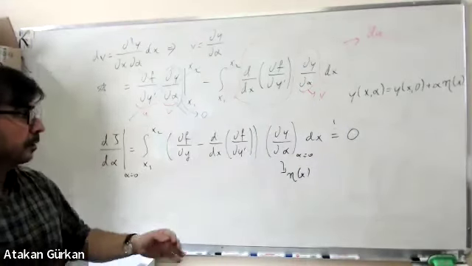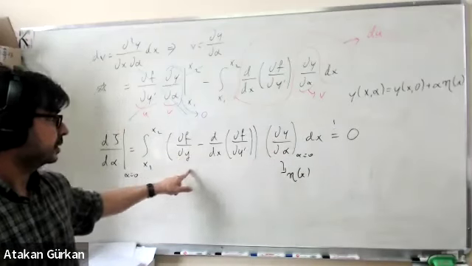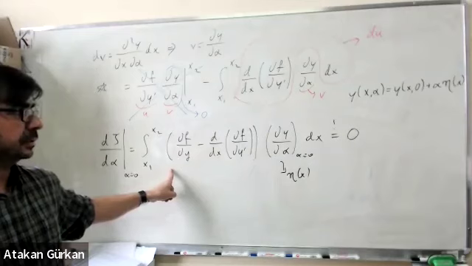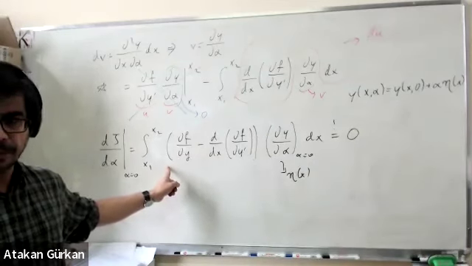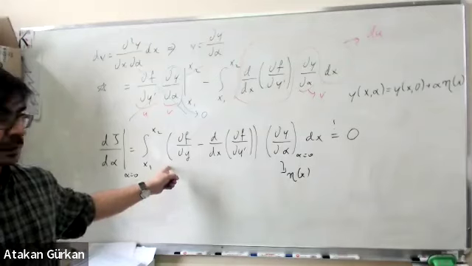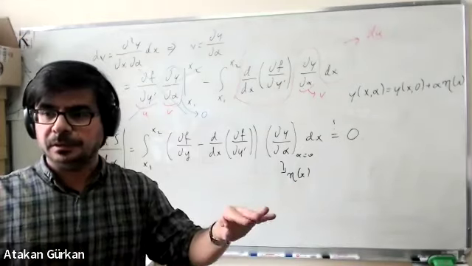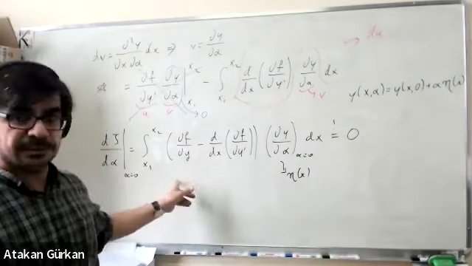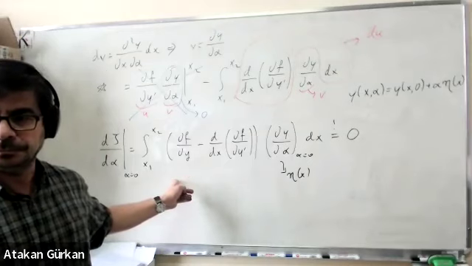Okay? But the only way that this integral is going to be 0 is if this part of the integral, this expression, is equal to 0 identically. Why? Just imagine it's not. Then I can choose this function in such a way that it's 0 everywhere and non-zero at the point where this is not 0. Then the integral is going to be non-zero. Okay?